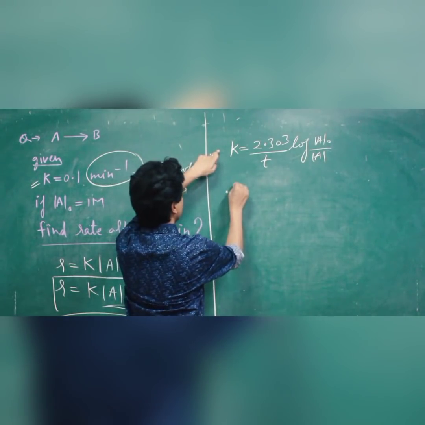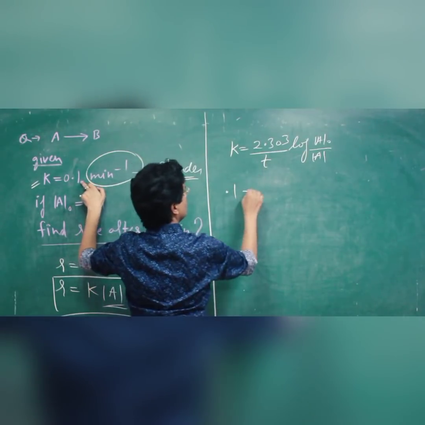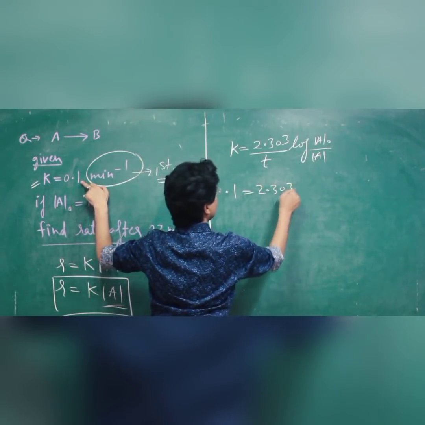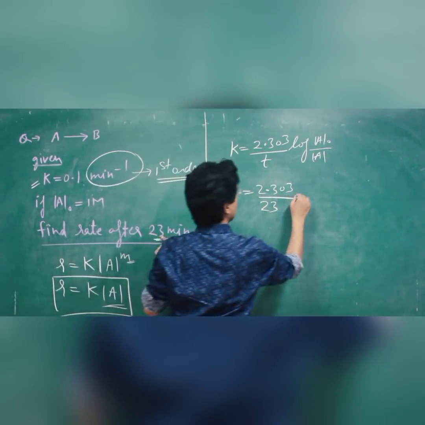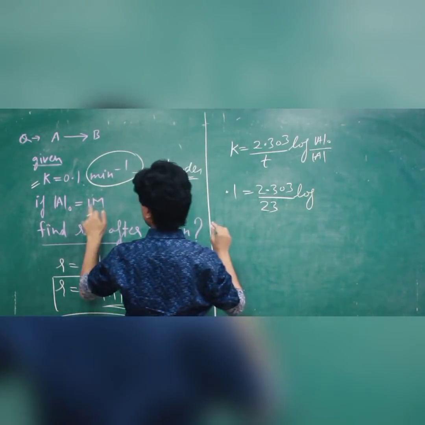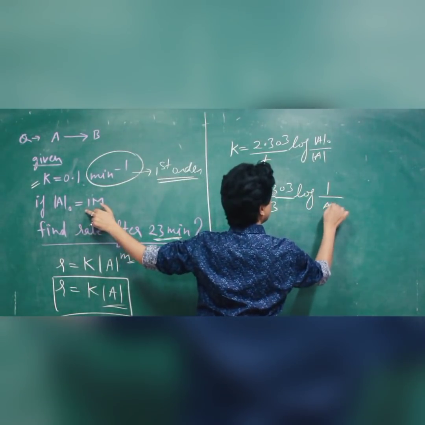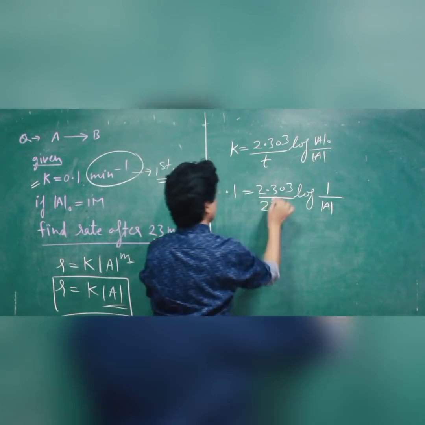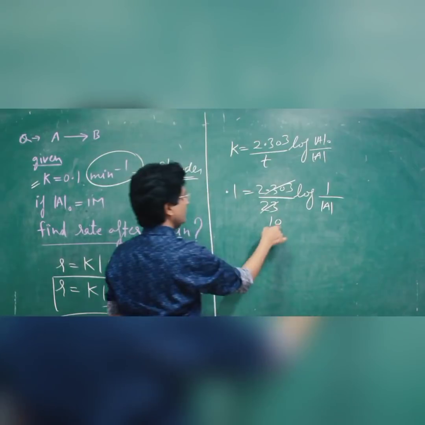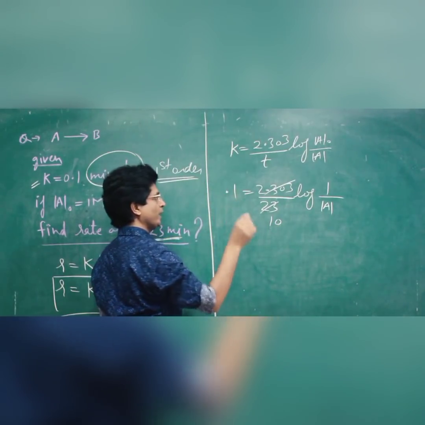So K is given as 0.1, 2.303, time taken is 23 minutes, log of A naught, A naught is 1 molar, upon the remaining amount after 23 minutes. So this will be almost 10 into 0.1 will be 1.